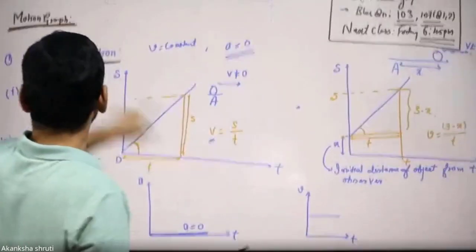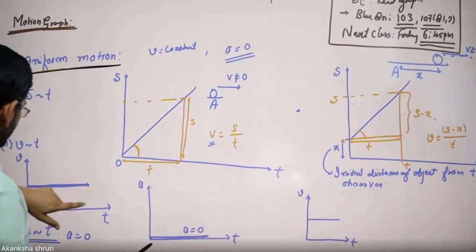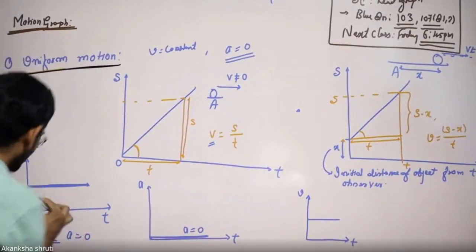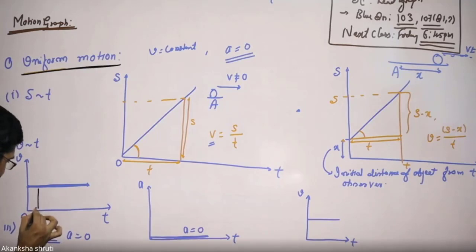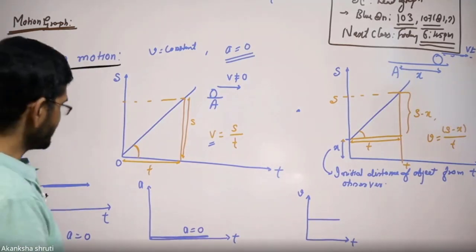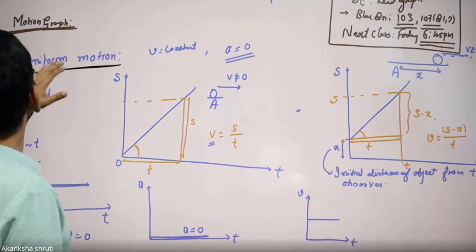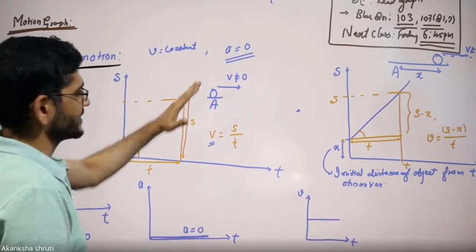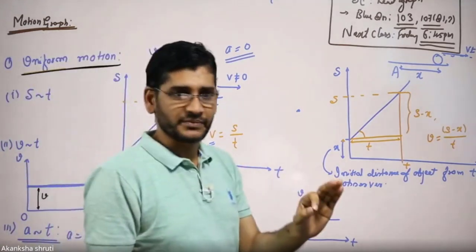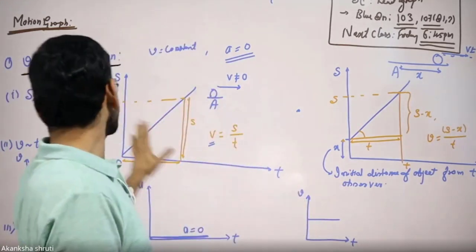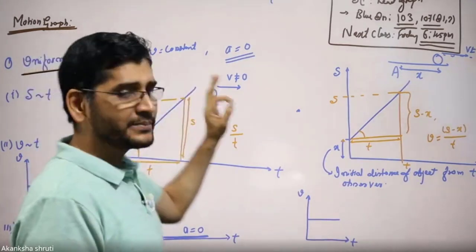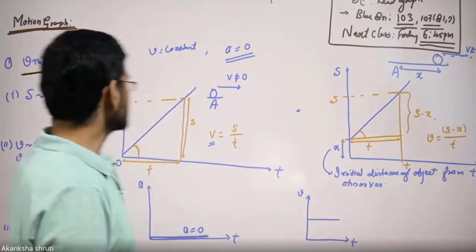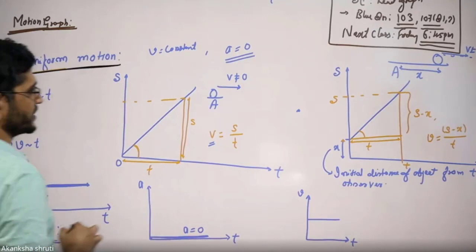But for the uniform motion, V is now not 0, it has some value. So whatever this length is, or this upward, it is our V. Okay, student? And the ST graph is a line which is inclined. So these three things you have to keep in mind. So if this graph is plotted, the nature of motion can be predicted. So this was about the uniform motion.